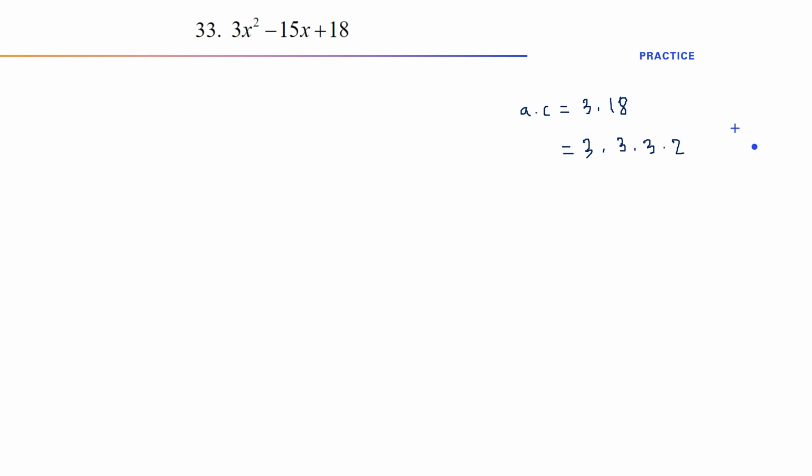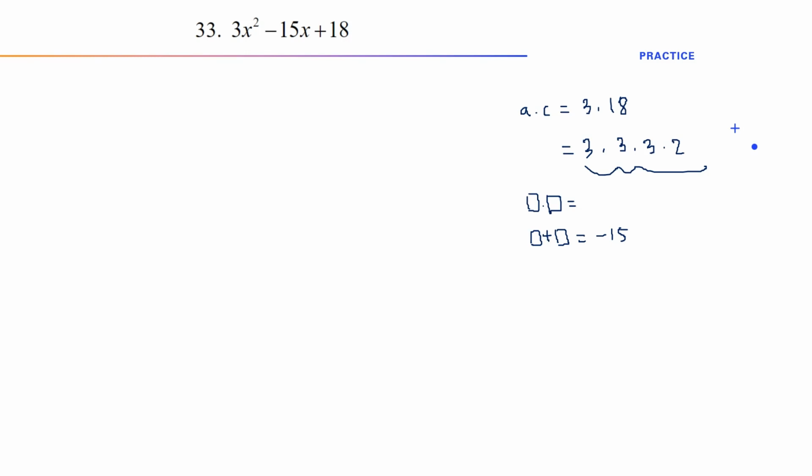From the A value. So now we need two numbers that multiply to that 3 times 18, and that add up to negative 15. So what is that?